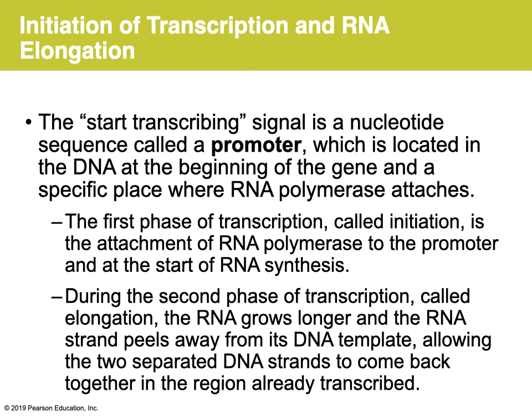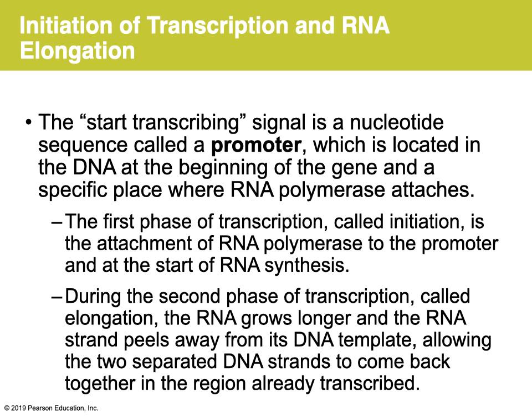This first phase of transcription is called initiation, right? If you join a club, there might be an initiation ceremony, where you join that club, your beginning of your association with those people. The first phase of transcription is initiation. It's initiating this production of an RNA strand. So it's the attachment of RNA polymerase to that promoter, the point that indicates the beginning of a gene, and that's where RNA synthesis will start.